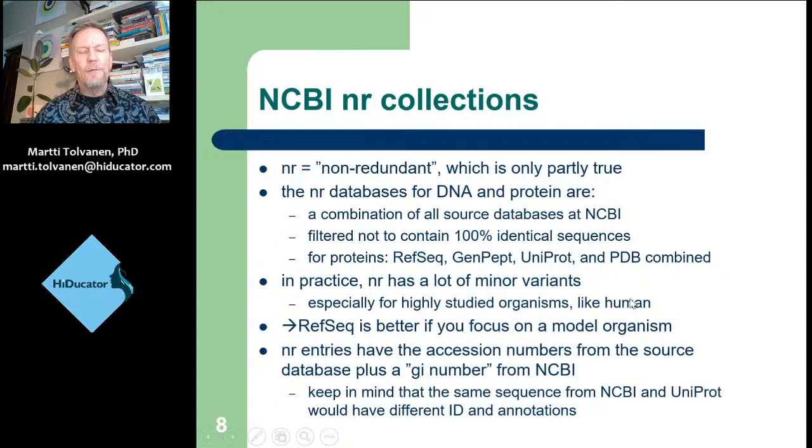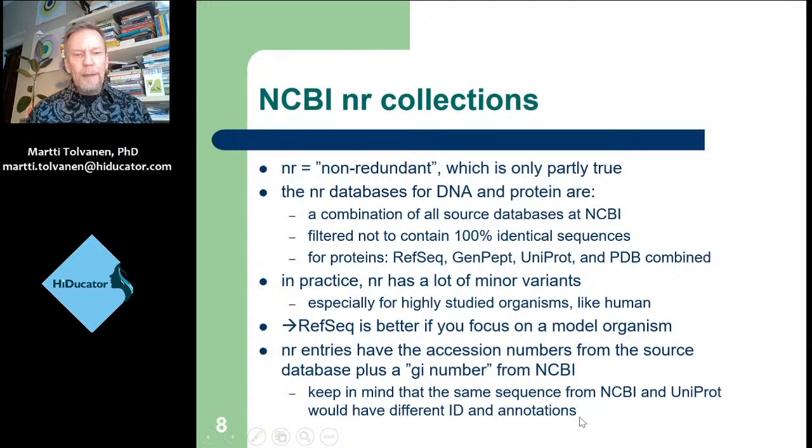The NR entries, when coming from some of the outside databases, retain their accession codes. So for instance, the UniProt code is there, but they add a GI number from NCBI in order to have a unique identifier for everything.